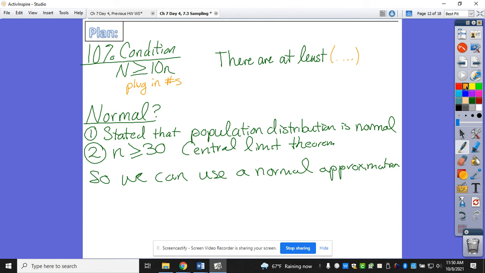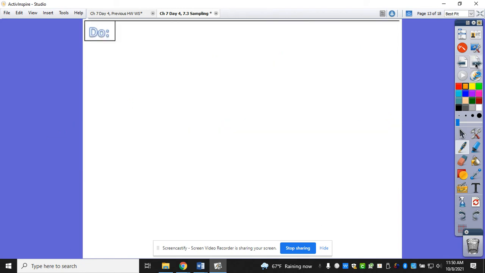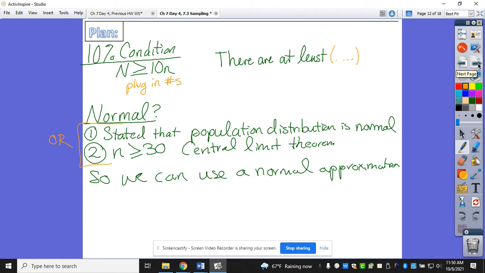I probably should have written both of these in my second color, because I'm only going to do one or the other. Is anybody still writing that stuff?